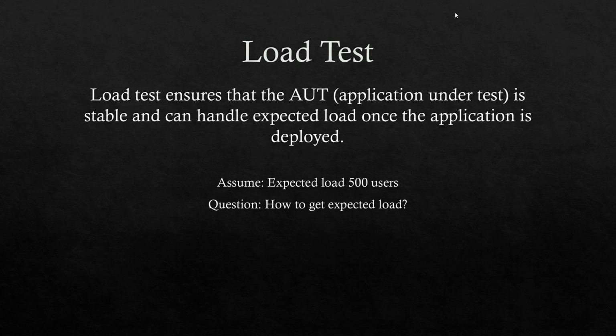He will get that information from database search queries or tools like Splunk, from the last 6 months or 1 year of historical data. He'll get that number and give it to us.